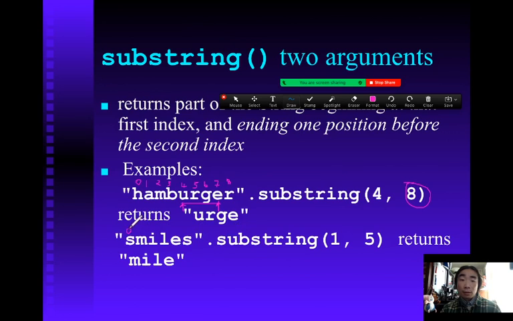Smile, 0, 1, 2, 3, 4, and 5. Start at 1, including M, stop right before 5, which is S, we see the word mile. You subtract 1 from the second part of substring.